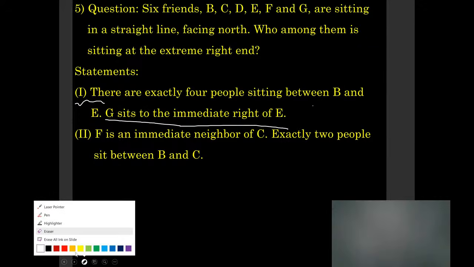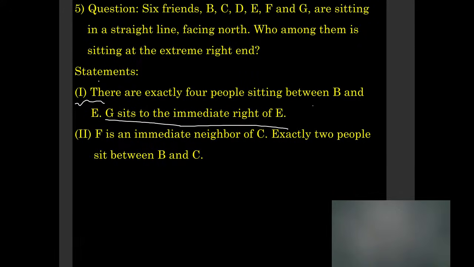Second one alone means you should not consider the first one. So F is an immediate neighbor of C, and exactly two people sit between B and C. As there are six friends, two people sit between B and C means you can take it like this.